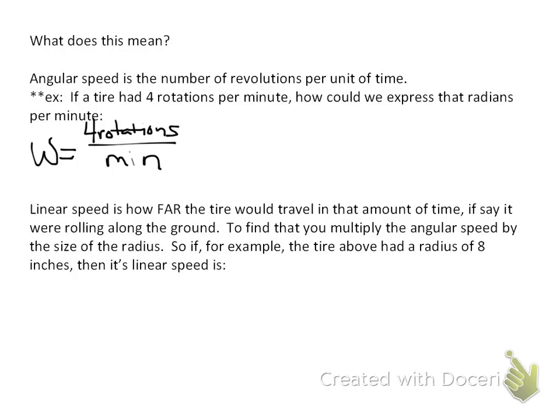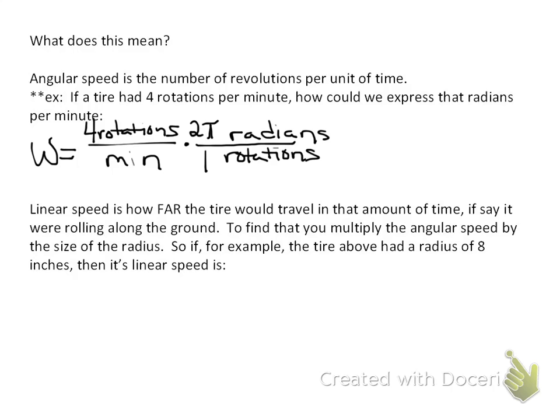So I'm going to cancel my rotations, which means rotations goes in the bottom, and I want to replace rotations with radians. In one rotation, one go around a circle, how many radians is that? 2 pi. So there are 2 pi radians per rotation.